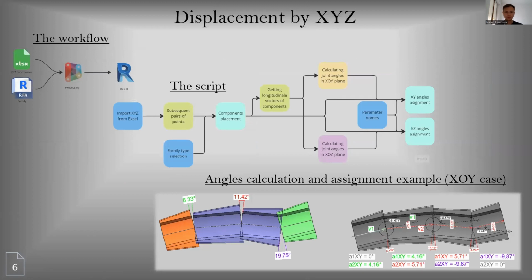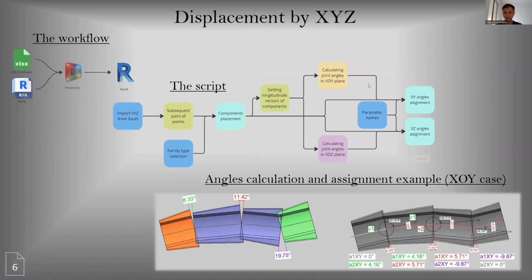Next step, once the families were created, was to displace them according to the path. A simple version of the workflow you can see on the left at the top. So we have an Excel sheet, we have the family, and we use Dynamo to place by coordinates.